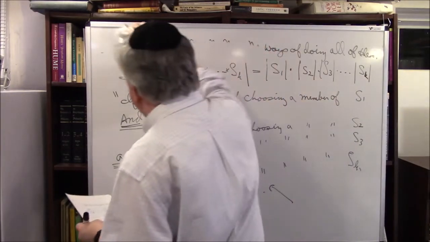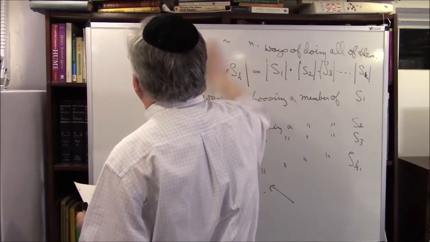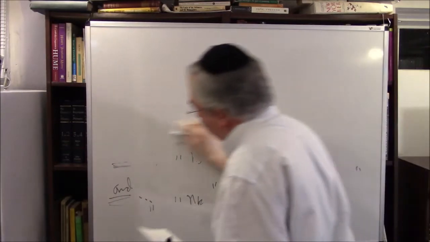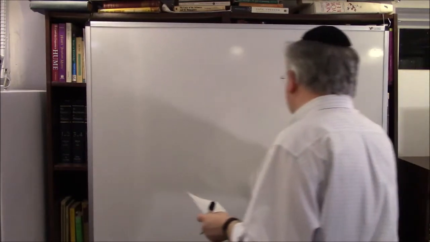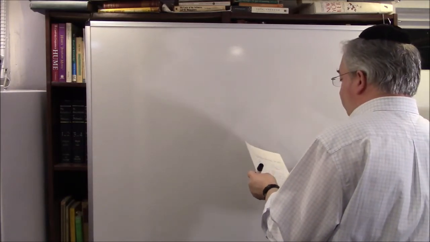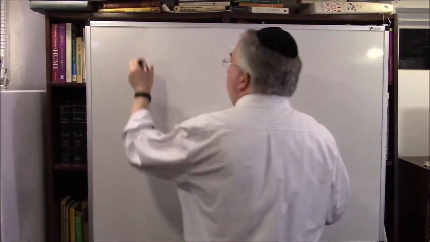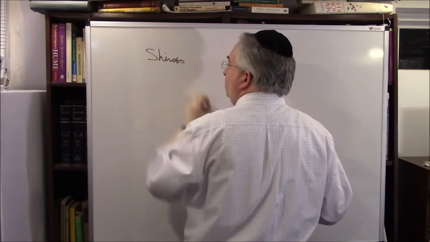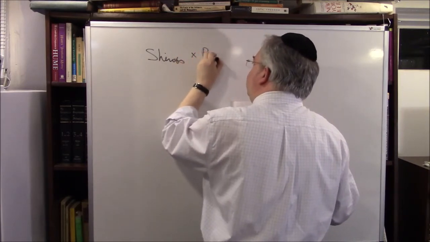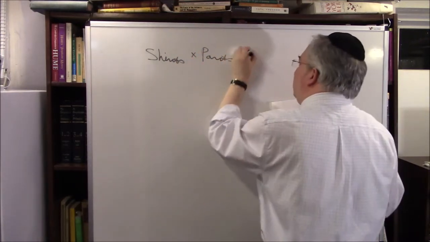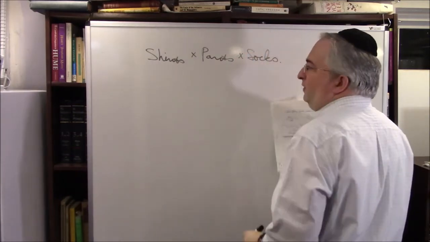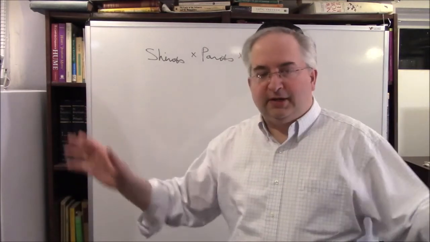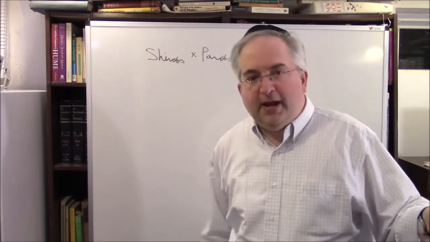Let me do a quick humorous example. If you have shirts, pants, socks, this is what I call an outfit for men, shirts, pants, and socks.